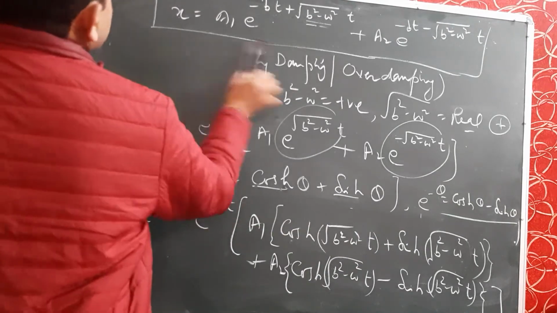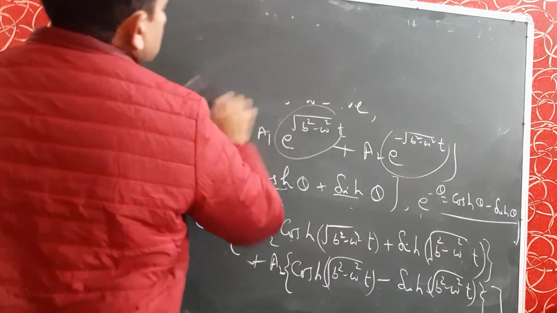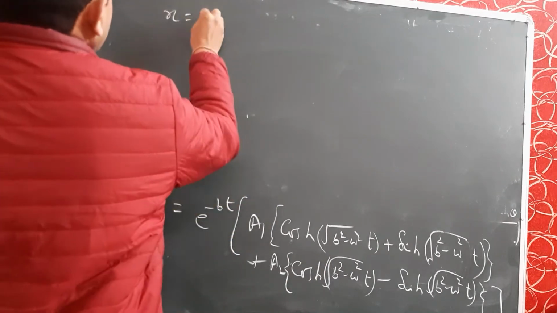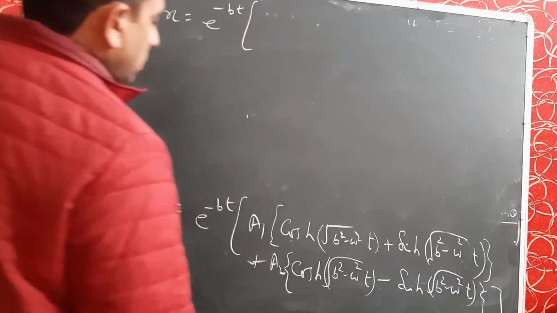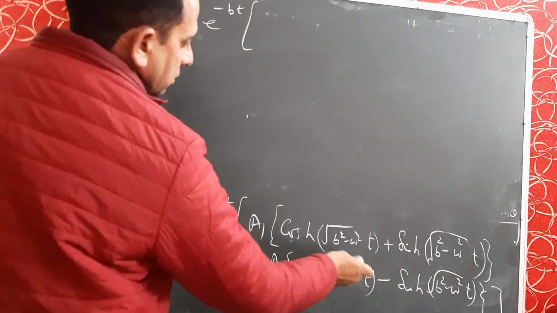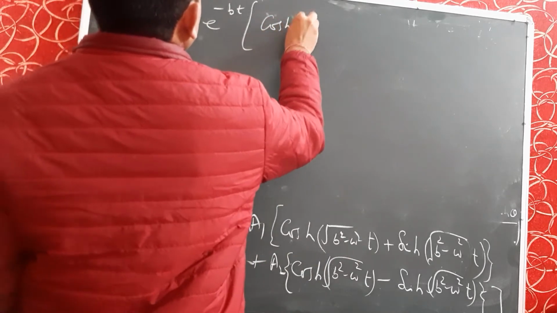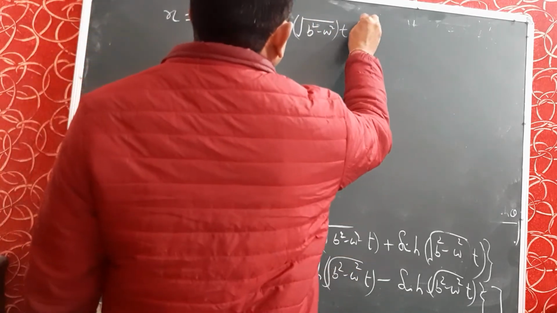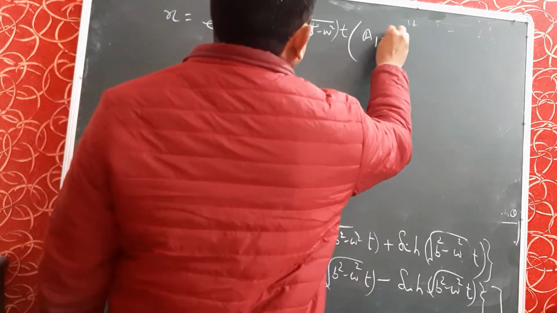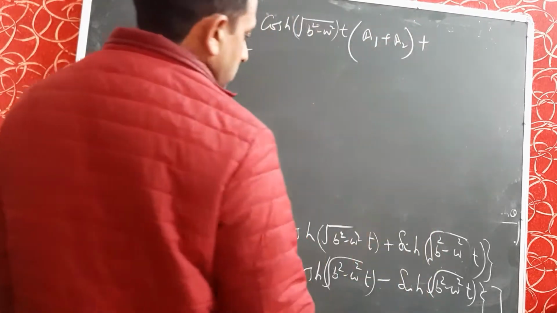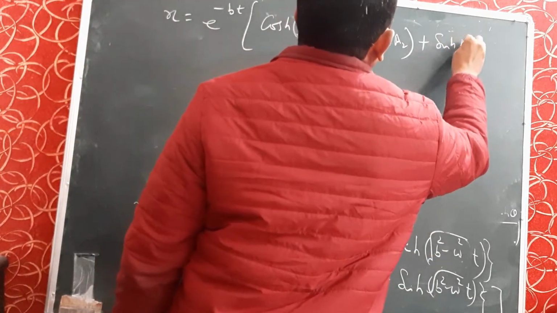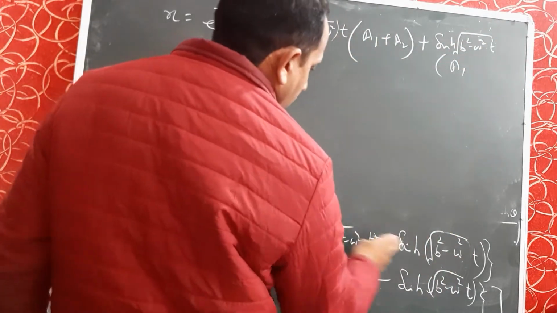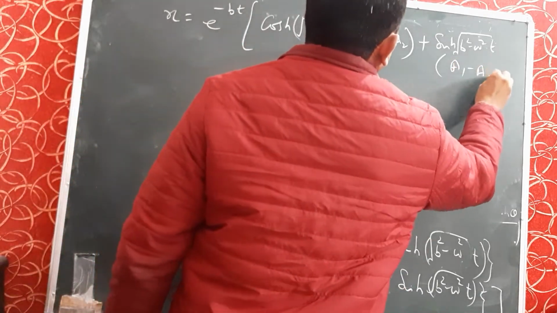Now, separate both functions. X is equal to e power minus bt into cos hyperbolic under root b square minus omega square t, which is common, and the term multiplying it is a1 plus a2. Similarly, sin hyperbolic under root b square minus omega square t is common, and the remaining term is a1 minus a2.